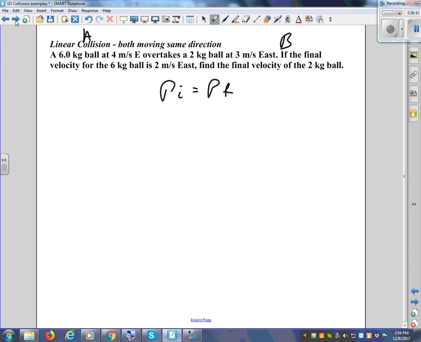Okay, so what makes up PI? Mass of A times velocity A plus mass of B times velocity B. Now this time I'm going to do them simultaneously, right? So mass of A times velocity A prime plus mass of B times velocity B prime. Now you got to be careful.